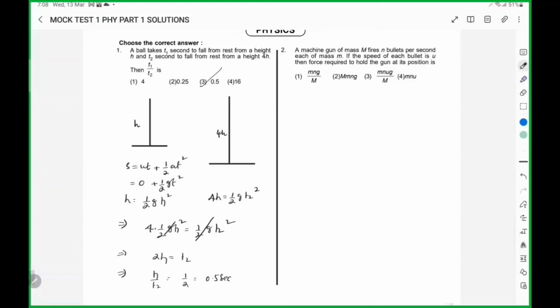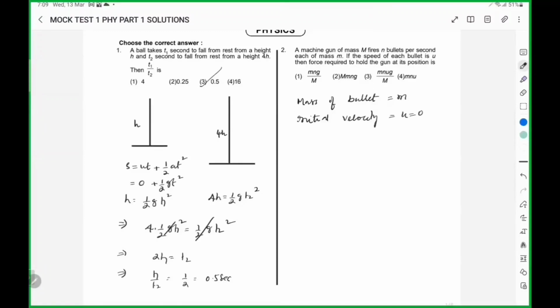Here a machine gun of mass capital M fires n bullets per second, each of mass m. Here what is given is mass of bullet is m, initial velocity 0.